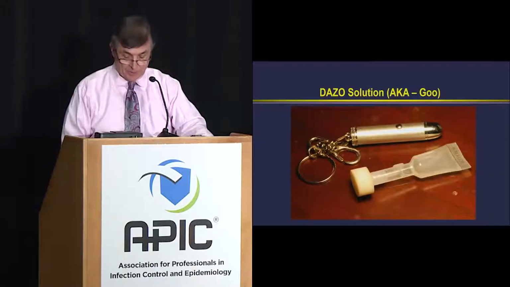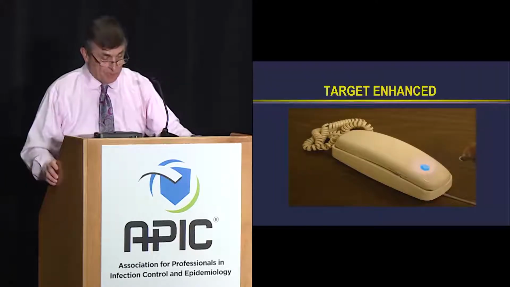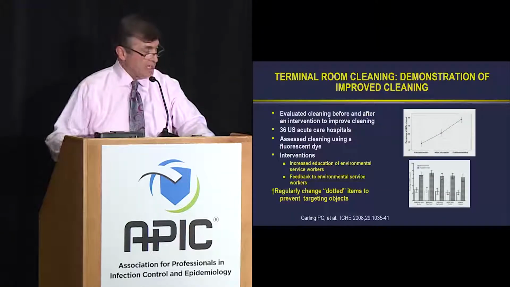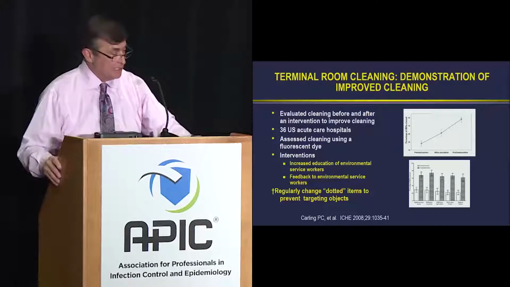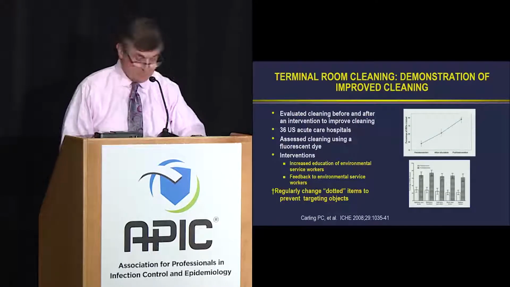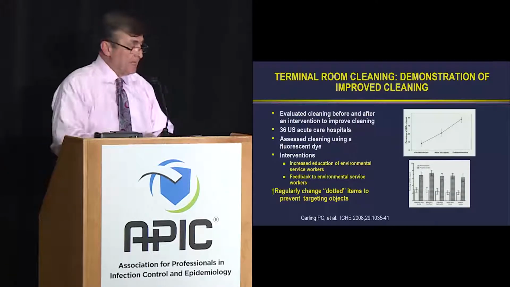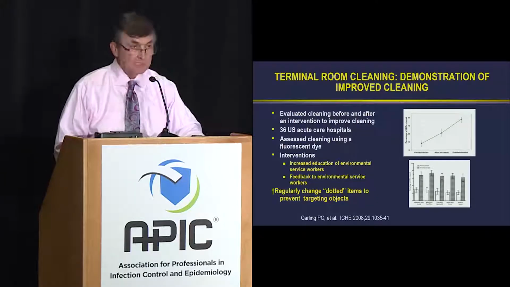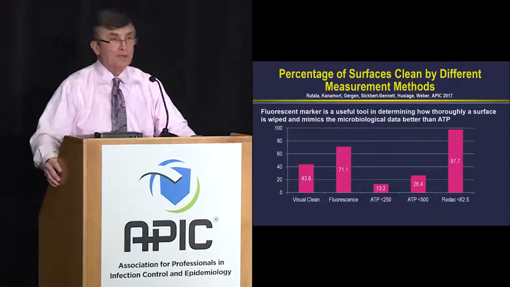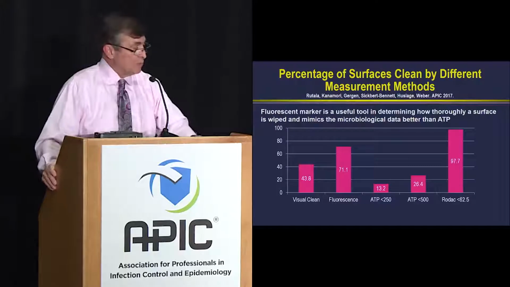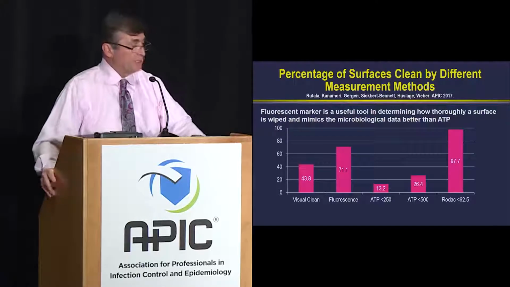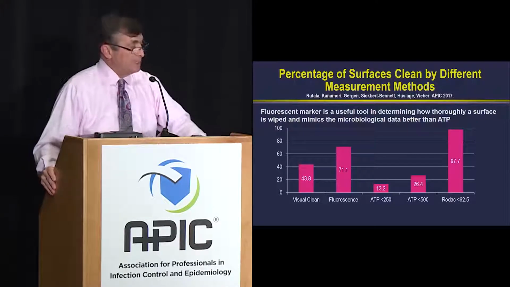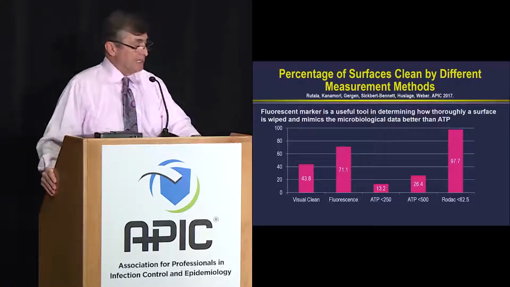Of course, there are comparisons in the literature regarding fluorescence and ATP. We recently presented here at the APIC meeting in 2017 data which discusses these 4 markers, and we found that the fluorescent marker is a more useful tool in determining how thoroughly a surface is wiped and mimics the microbiological data better than ATP.